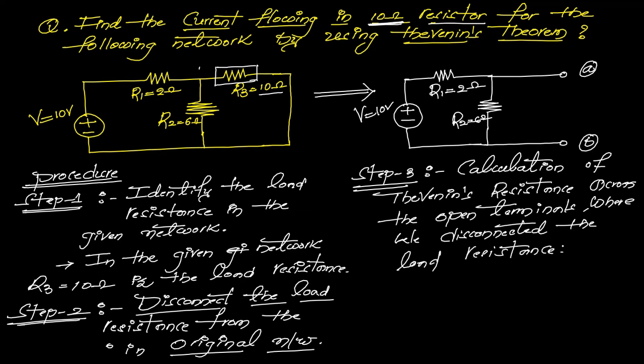Okay, so step number 3 is what? Calculation of Thevenin resistance, that is RTH, across the open terminals where we disconnected the load resistance.